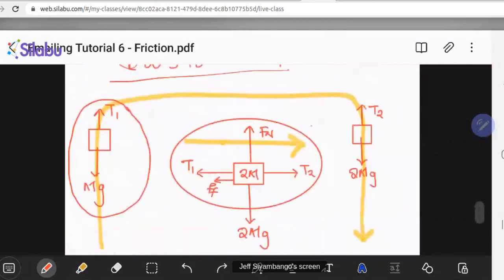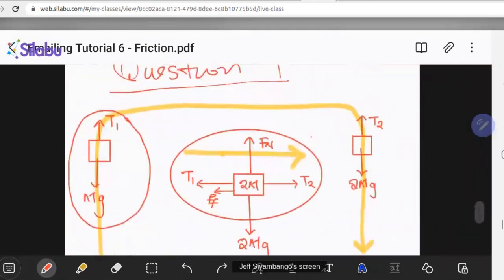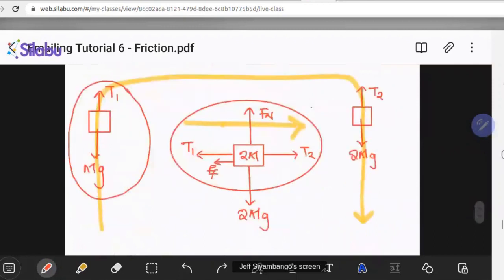So what is happening for block 3? You really want to be very careful when dealing with block 3. Remember the yellow line I indicated here? It was showing me what is positive and what is negative. If I am following this yellow arrow, it means that force will be positive. T2 was along the same direction as my yellow line, so it was positive here.